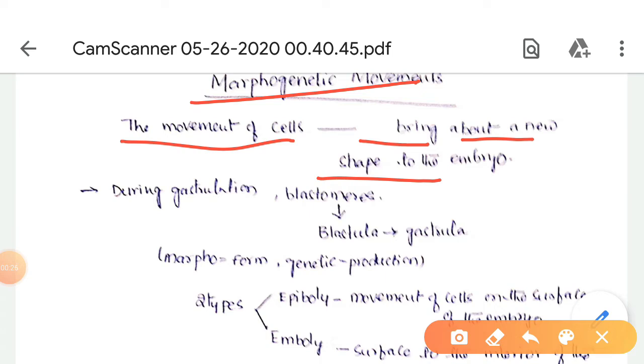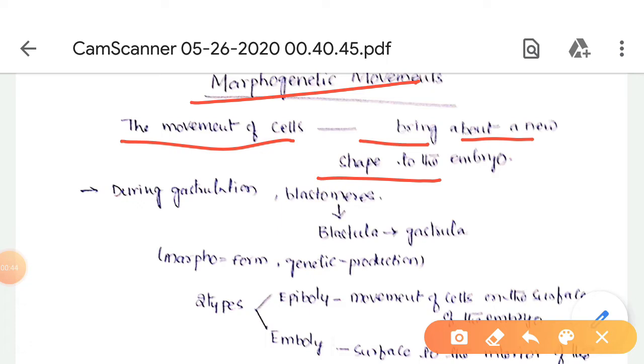That means the movement of cells from one place to another, bringing a new shape to the embryo, is called a morphogenetic movement. Mostly these movements occur during the gastrulation period.